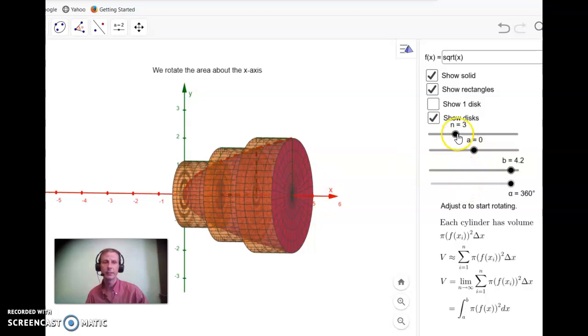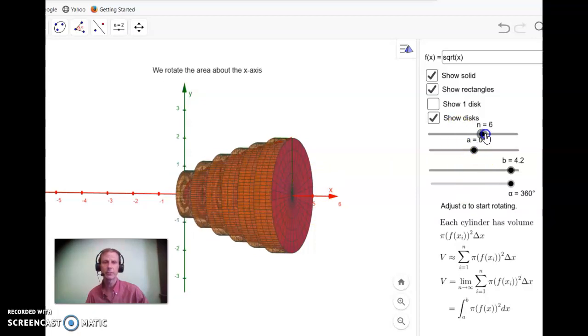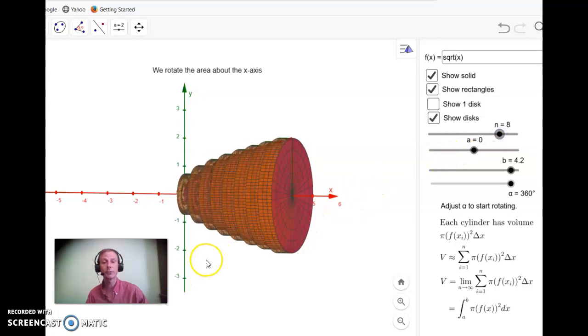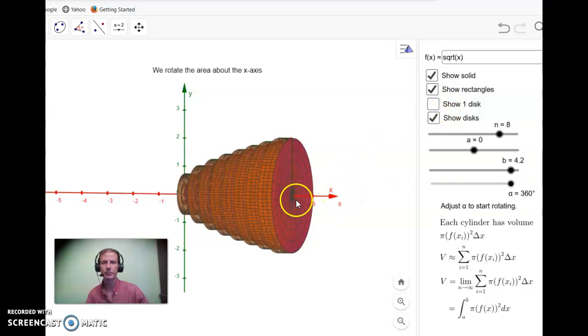In fact, as I increase the number of cylinders, you can see that we get a nicer and nicer approximation, a closer and closer approximation. So there's the cylinders without the object, and there's the object without the cylinders. And you can see that their volumes are about the same.